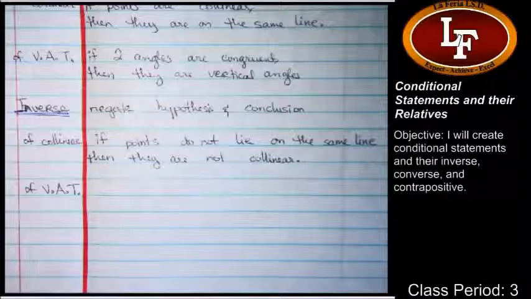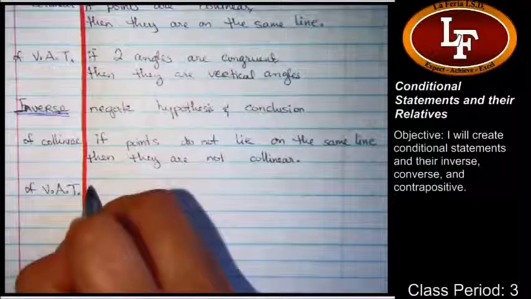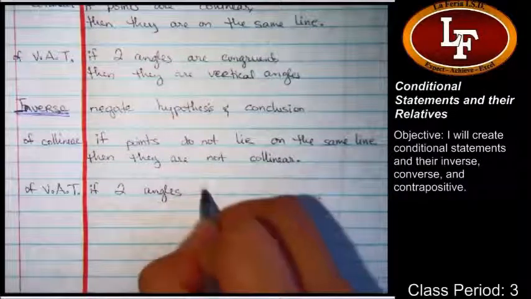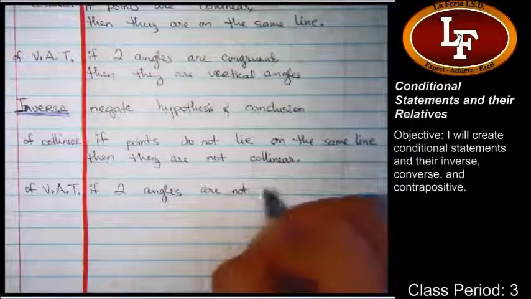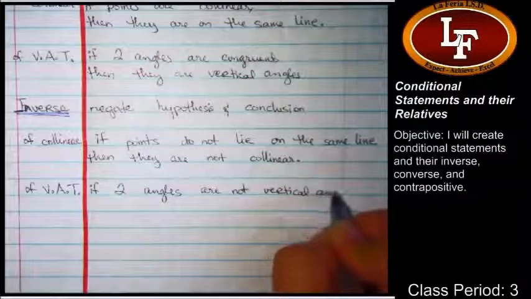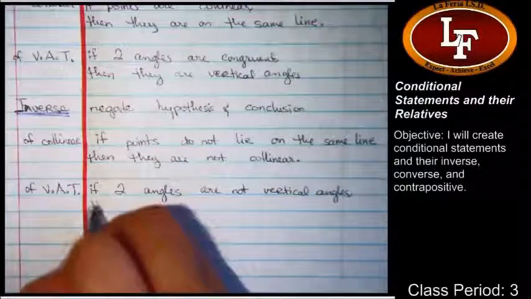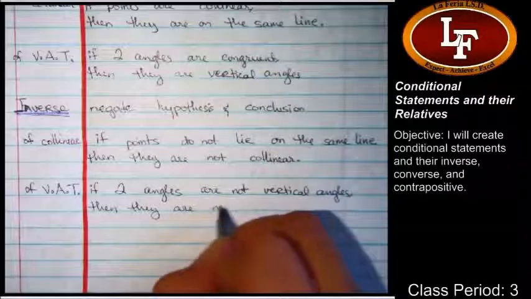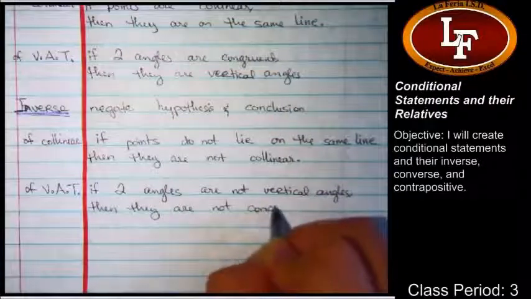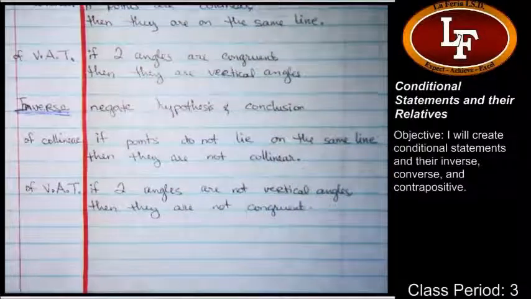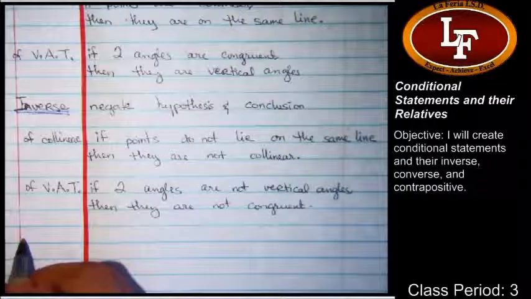If two angles are not vertical angles, then they are not congruent. Beautiful. Lovely.